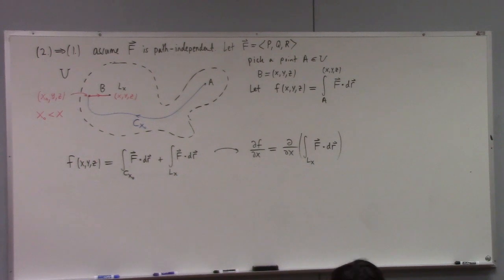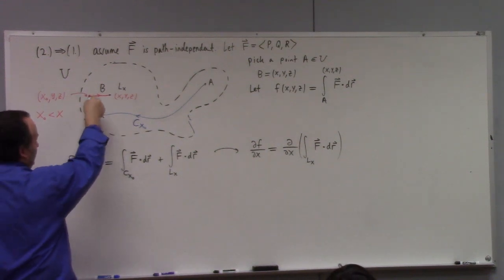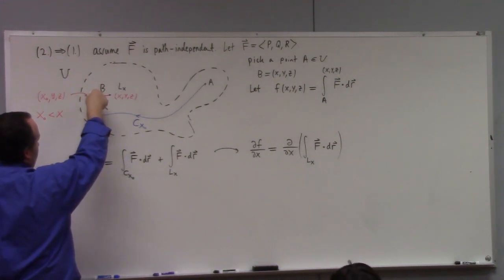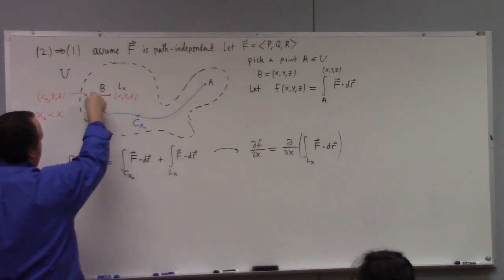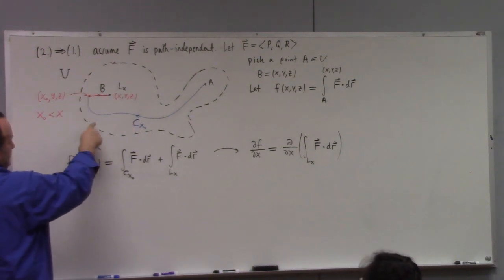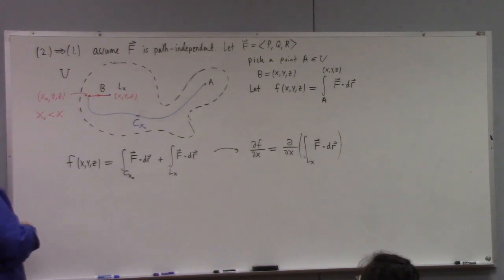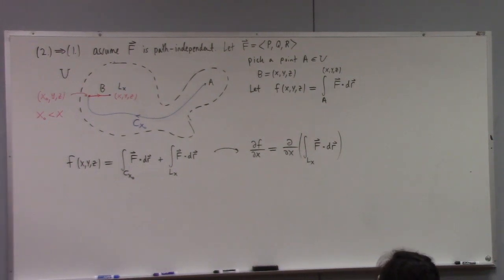The blue part has no x dependence. So when we vary x a little bit, and fix y and z, if we just vary this point a little bit, it doesn't change that integral.